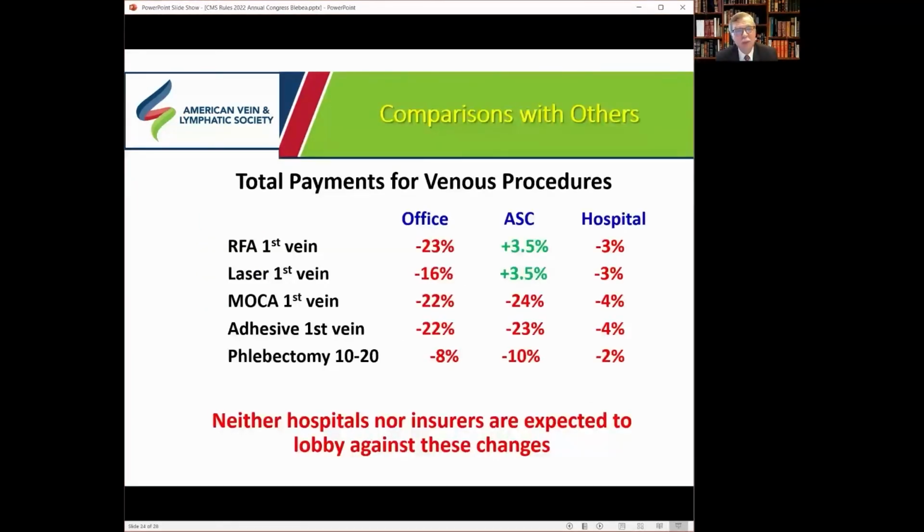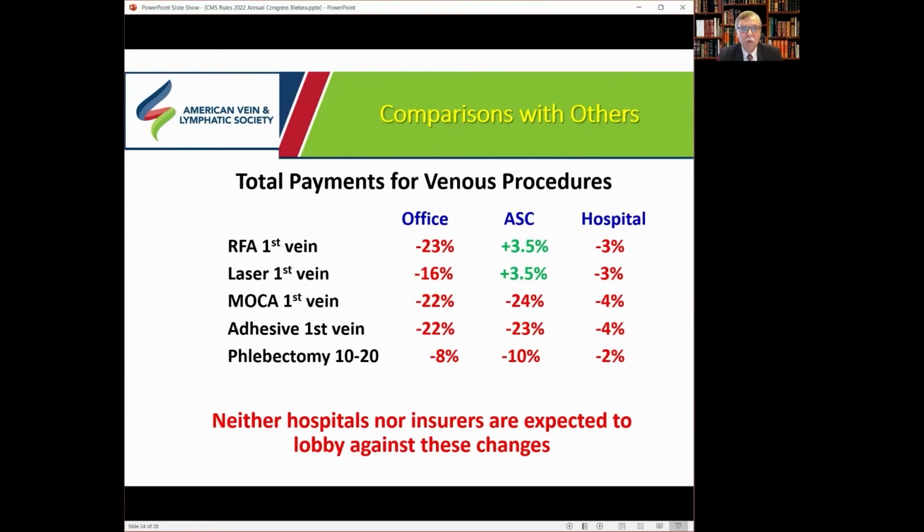And so specifically, I've already reviewed what happens in the office. But isn't this interesting? It's not the same thing that takes place in ambulatory surgery centers or the hospital, because they get paid out of a different bucket of money, not the one for physicians.